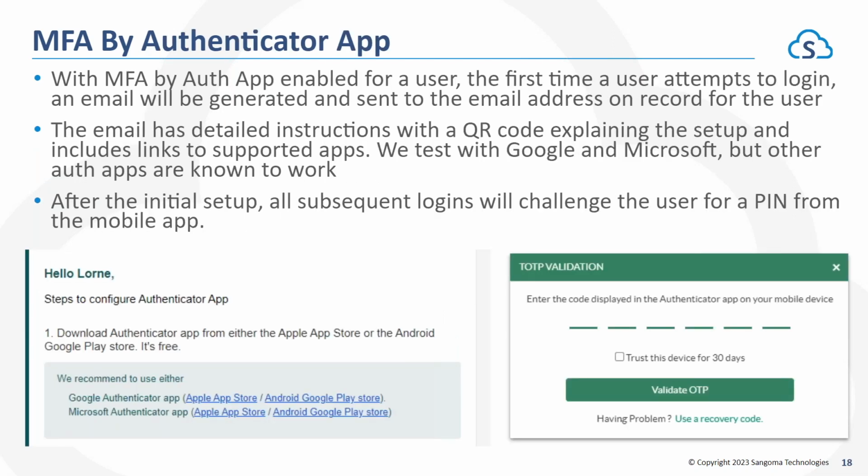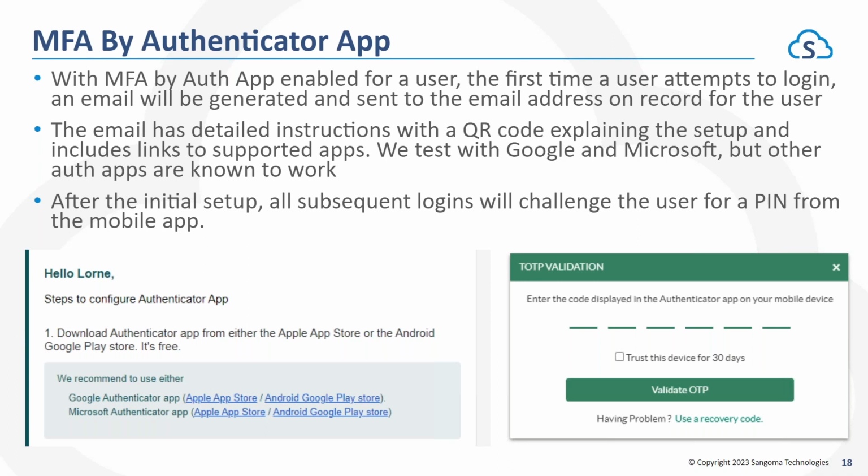We also support authenticator apps, mobile authenticator app for MFA challenges. So the very first time that a user logs into either the admin GUI or UCP, they will get a little validation window that looks a little different and receive a long email with instructions on how to set up and configure the Authenticator app.